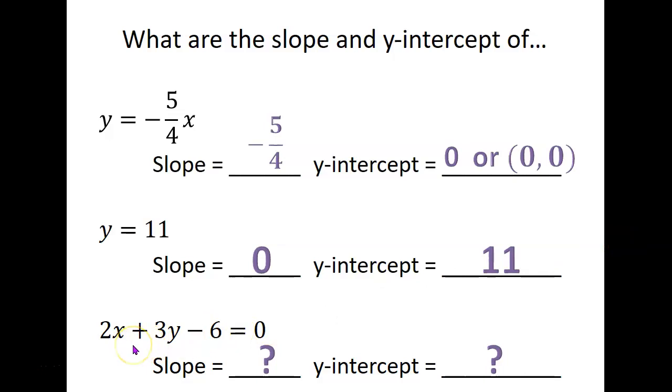So, if we're going to be able to look at this equation and see what the slope and the y-intercept are, just from looking at the numbers that make up the equation, we first have to wrestle it into that slope-intercept form. We have to get it solved for y. So let's do that.